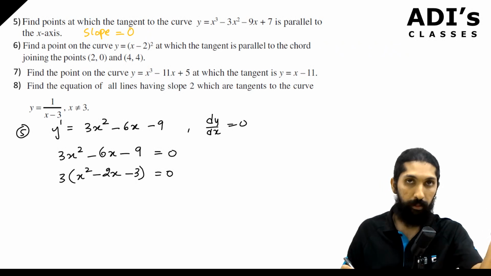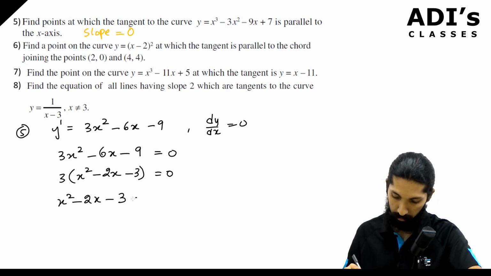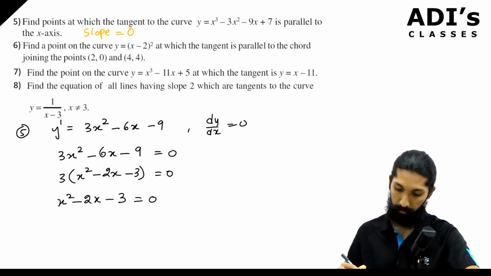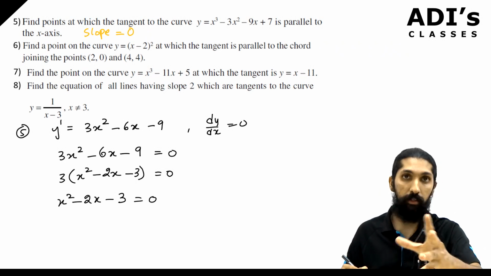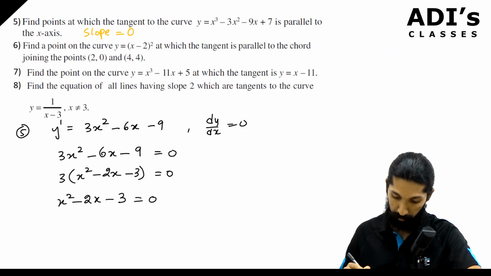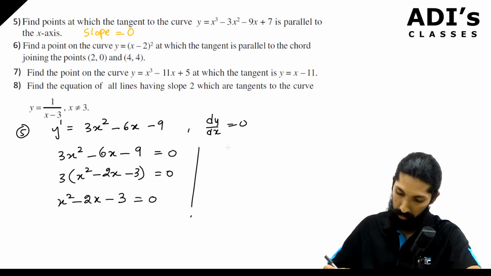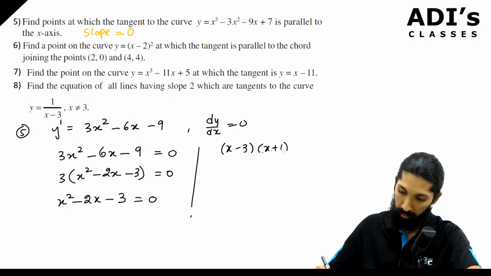See, you can divide by 3, right? That means you end up with x square minus 2x minus 3 is 0. The splitting of the middle term can be done, right? So if you're splitting, you can write this as minus 3 plus 1. In the sense, x minus 3 into x plus 1 is equal to 0.